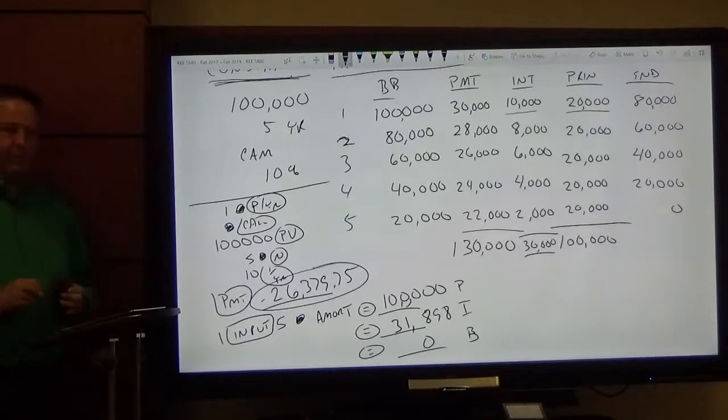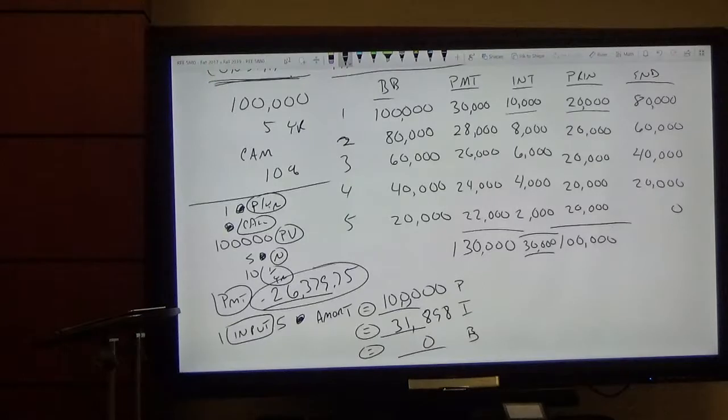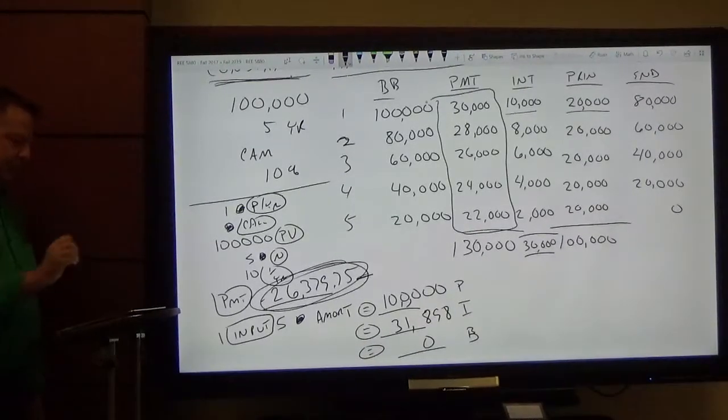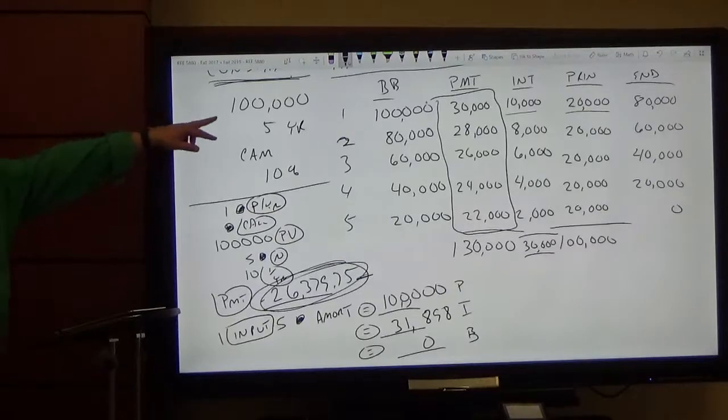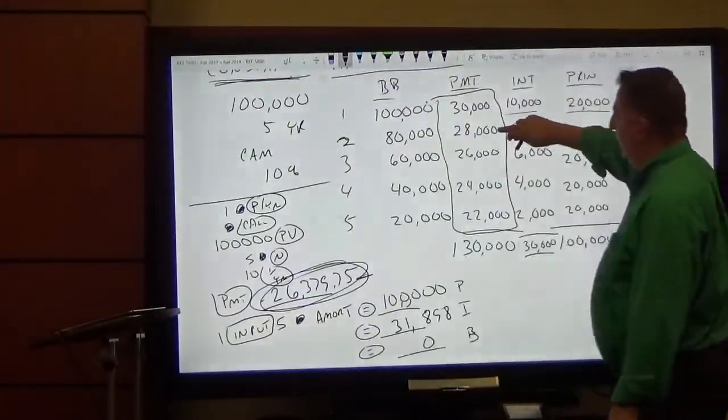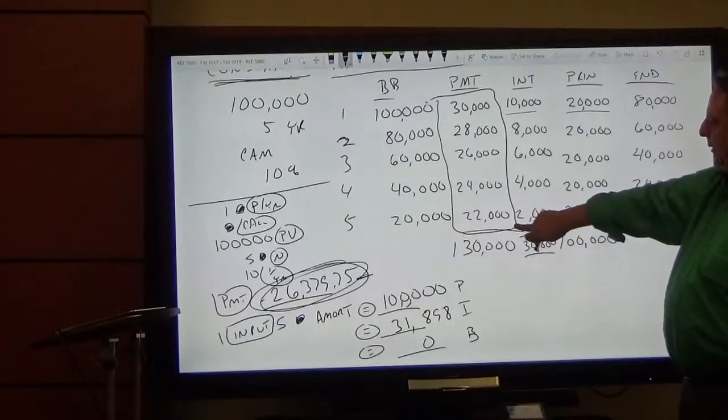Our monthly payment, constant amortization mortgage, constant payment mortgage, normal mortgage would be $26,379. Whereas you can see here that with the constant amortization mortgage, yeah, it's going to be more initially, but then it's going to drop down over time.